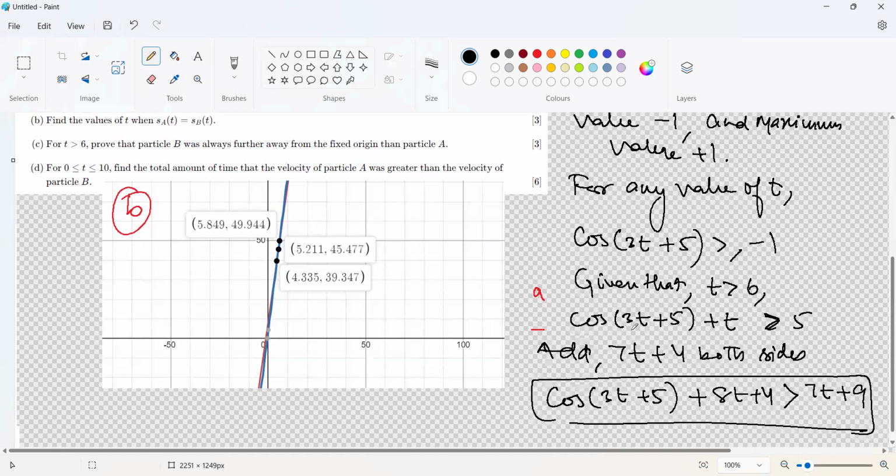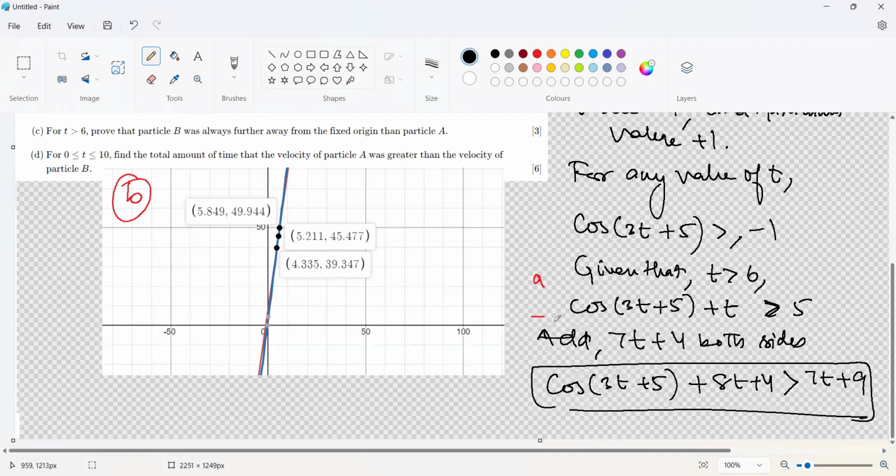This is what I am obtaining, the expression that I want to prove. So what I'm saying is that for t greater than 6, SBT is always greater than SAT. Are you getting this? Yeah.